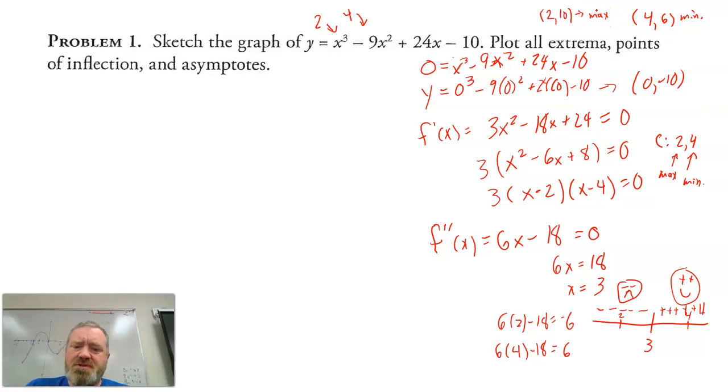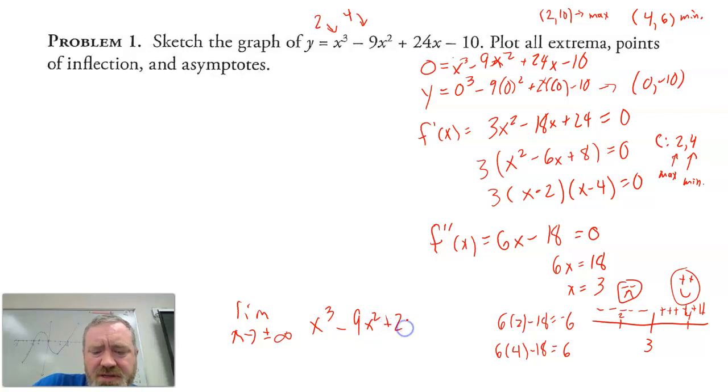Okay, then we should test end behavior. So end behavior, what's going to happen when we plug in infinity into this function? Like when the limit as x approaches positive and negative infinity of this function. Well, there's only really one term we have to be concerned about because all this other stuff pales in comparison to what happens with that x cubed.